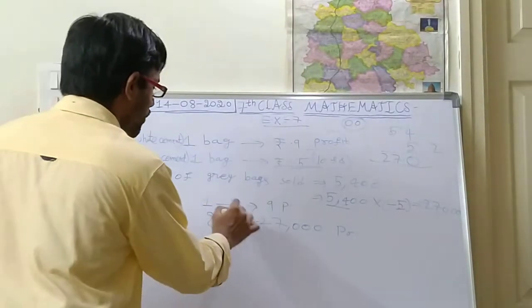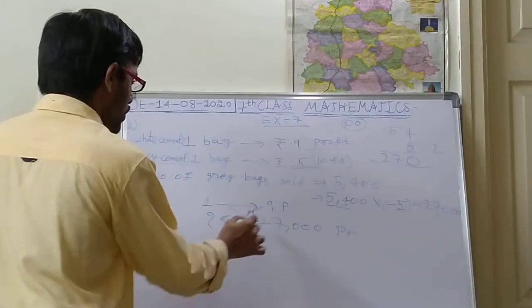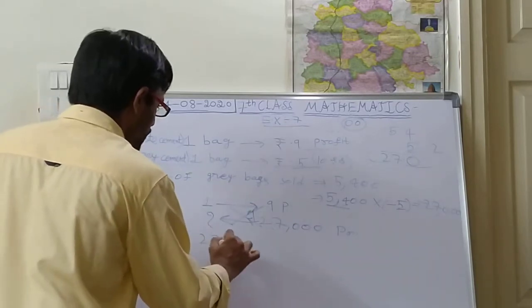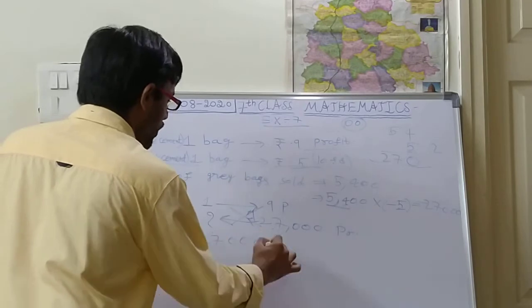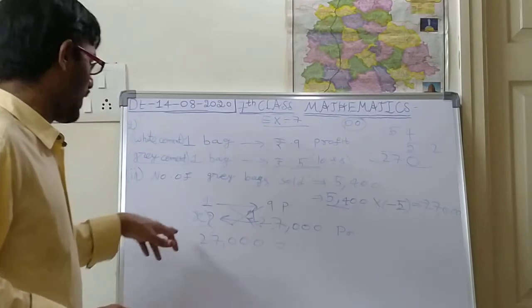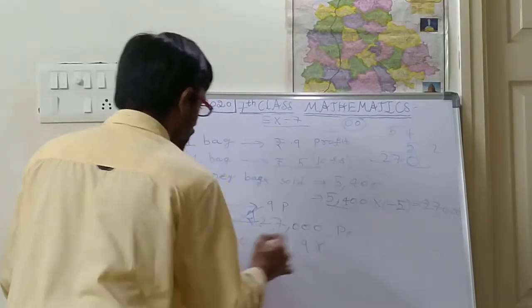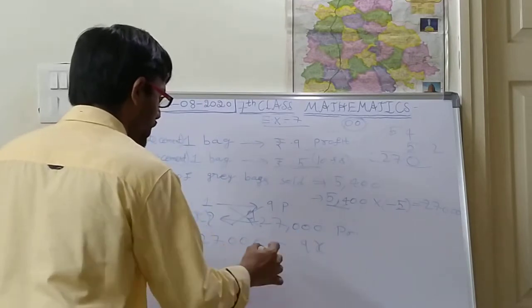So same unitary method and doing cross multiplication. So 27,000 into 1 is equal to, we don't know the number of bags, so consider it as x. So x into 9, so 9x. 9 you should send to this side.